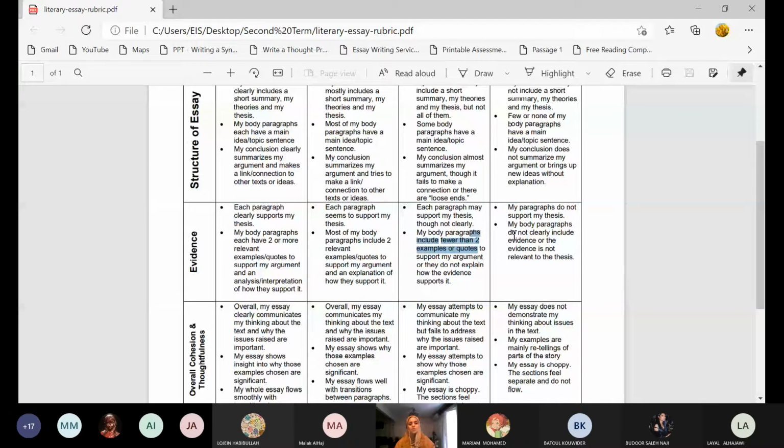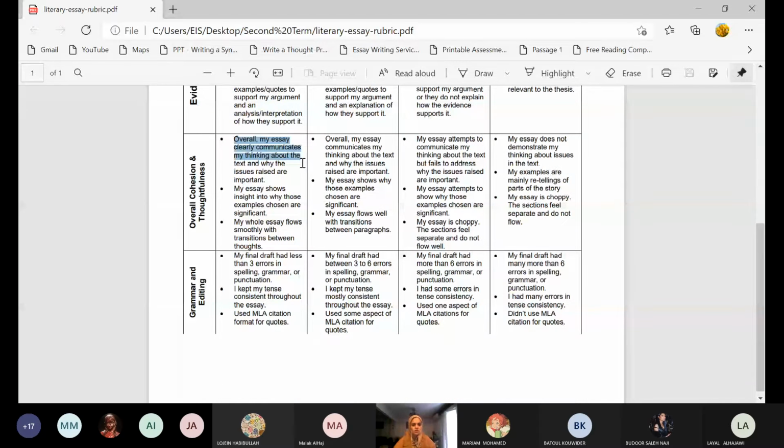Overall, the essay should communicate your thinking about the text and why the issues raised are important. Coherence means that they are related like this. Cohesion is to be one unit. So your essay shows insight into why those examples were chosen and are significant.